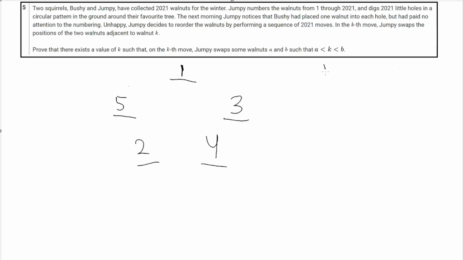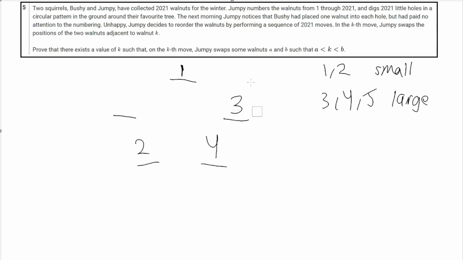So let's assume for now that 1 and 2 are small, and 3, 4, and 5 are large. And our hopes are that if we swap a small walnut and a large walnut, then that will satisfy the problem statement. So when we apply move 1, we end up swapping 2 large walnuts.